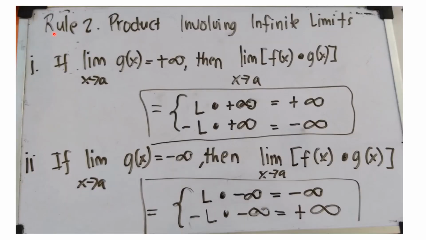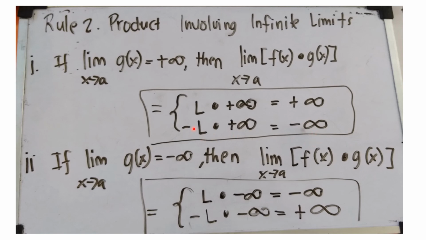Okay, let's proceed with rule number 2. It's about products. You just have to remind yourself that a positive limit times positive infinity gives positive infinity. Positive times positive, positive. But a negative limit, for example negative 4, times positive infinity, the answer is negative infinity.